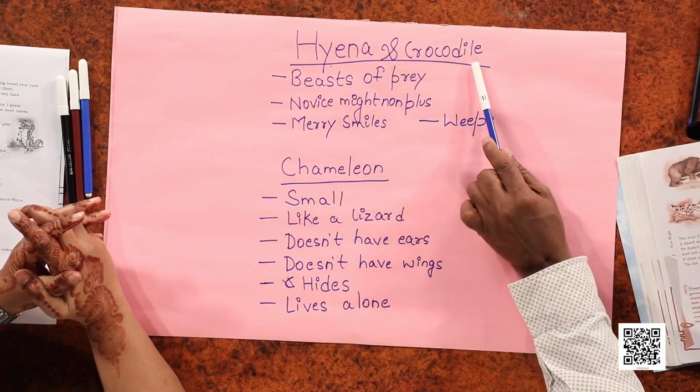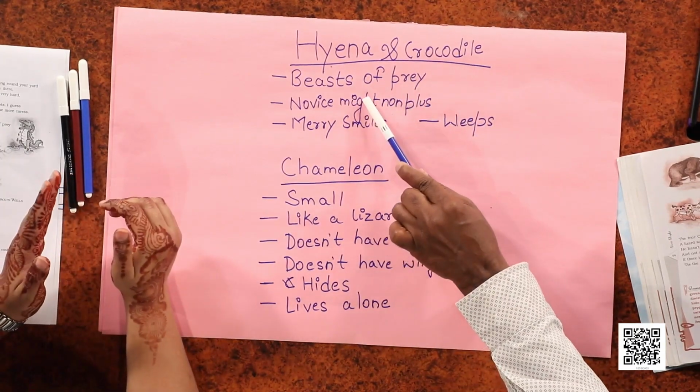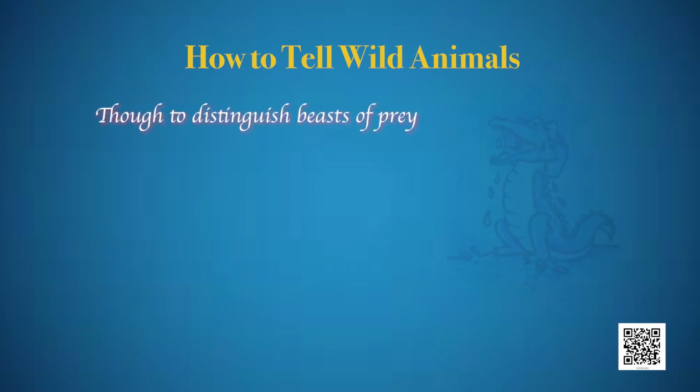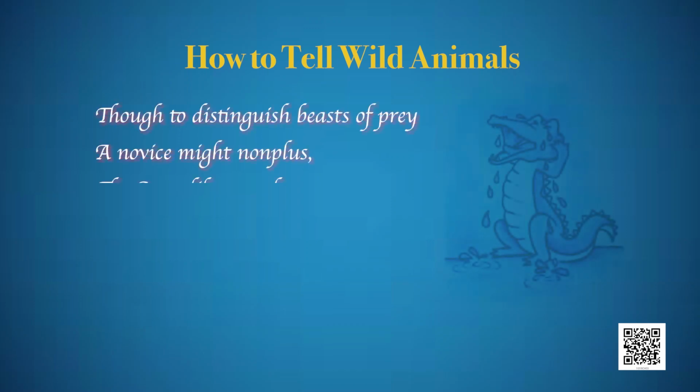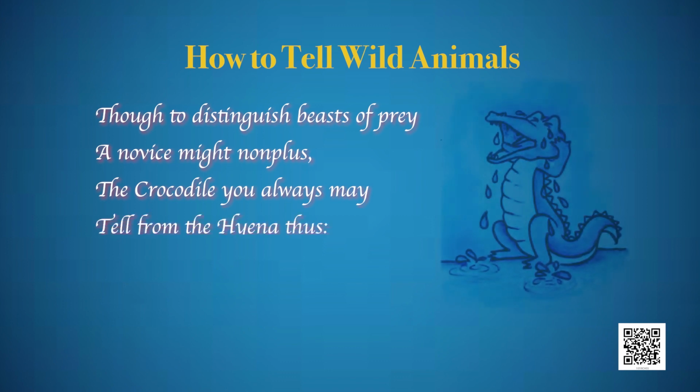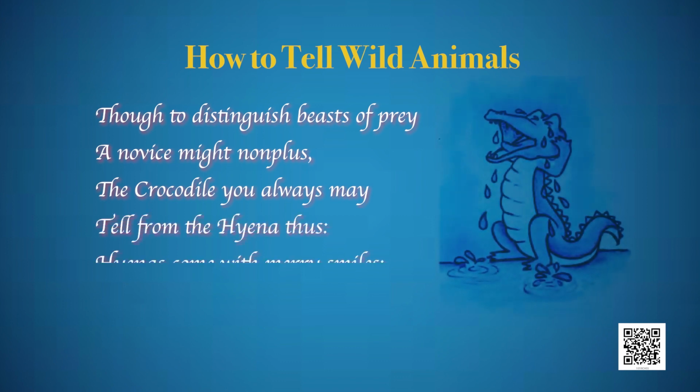Then hyena and crocodile. They are described as beasts of prey, but the hyena is also described with a line the novice might not understand. Let me read out the line. Though to distinguish beasts of prey, a novice might nonplus, the crocodile you always may tell from the hyena.